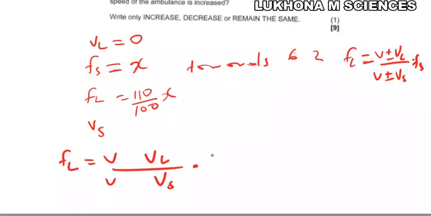Now, what do they say? They say the sound source is moving towards, which means here we put minus in the denominator. Therefore the numerator is plus, and VL is equal to 0.